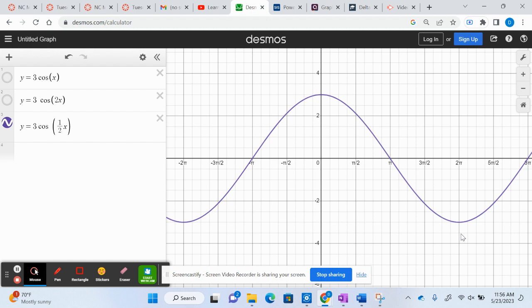This is the ordered pair 0, 3. This is the ordered pair of pi, 0. And then this is the ordered pair 2 pi, -3. Those are the points that you're plotting on your graph. And then just connect them with a nice curve. We good with that? Okay.